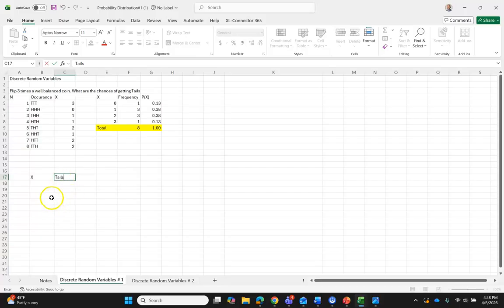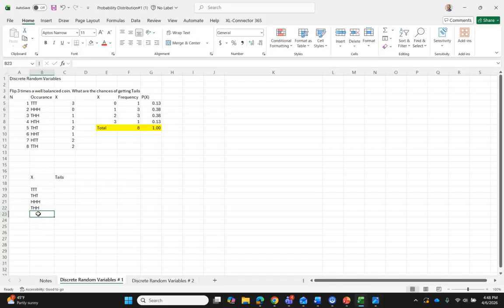So when you flip the coin 3 times, let's look at the possibilities. So the first possibility can be tail, tail, tail. But also you can get tail, head, tail. Or you can get head, head, head. Or you can get tail, head, head.